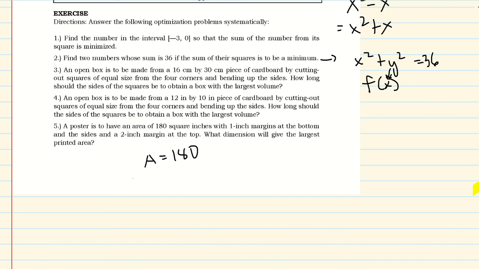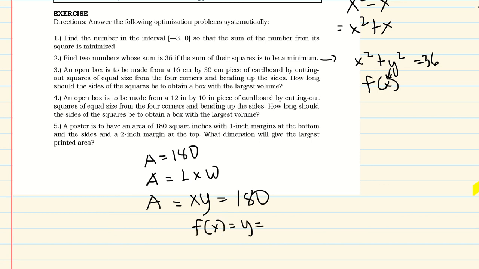We know area is length times width, and we can call it A equals x times y, which equals 180. So you have a value of f of x, which is also equal to y. Okay, so you have that already.